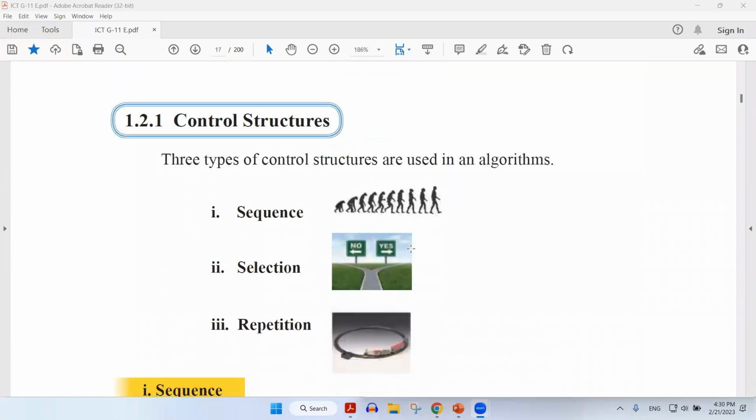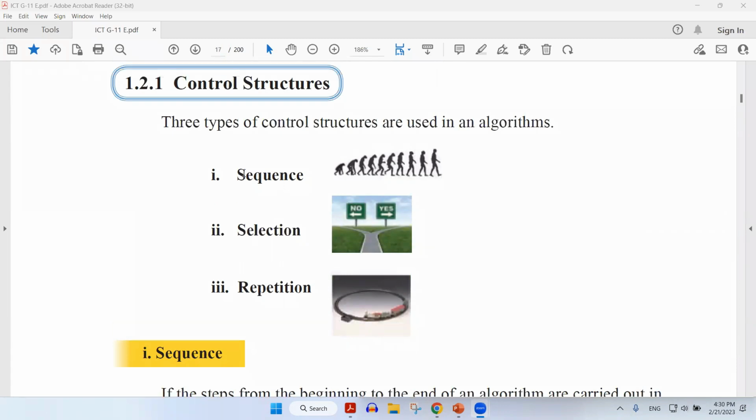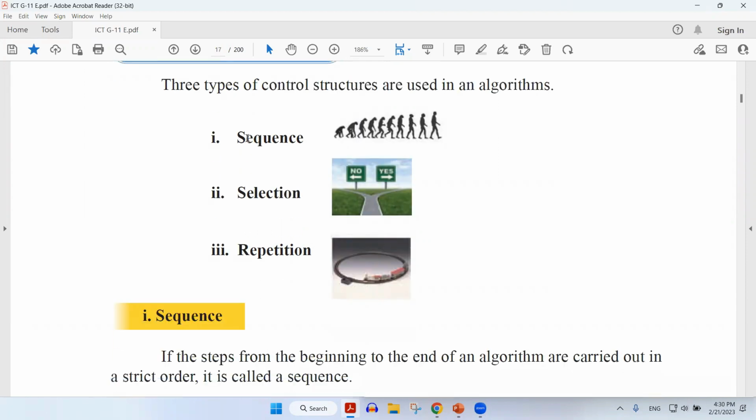So then we can mention these things. Now look at this. The concepts that I have told you: the sequence, selection, and repetitions. Let's write about the control structures in this manner. You don't need to write any subheading regarding this.